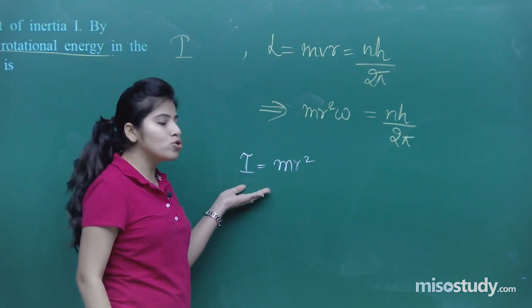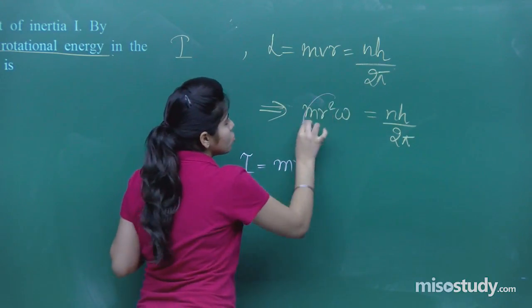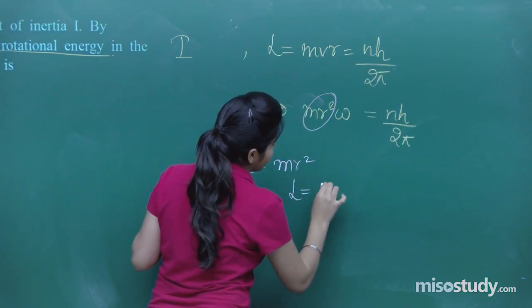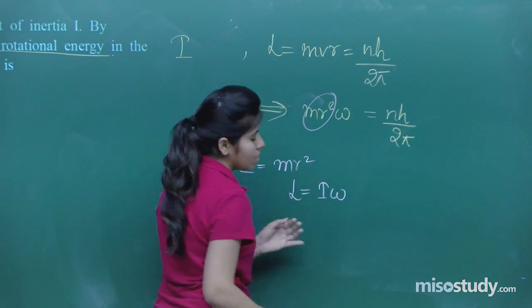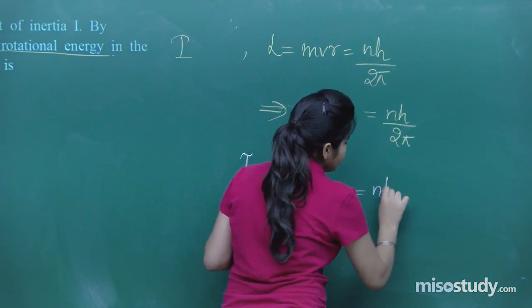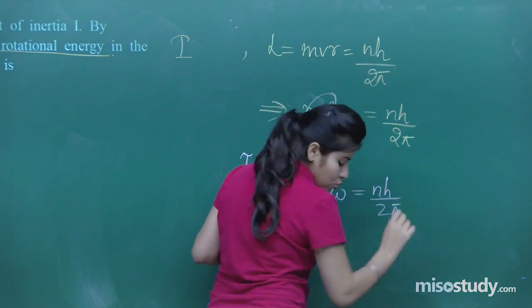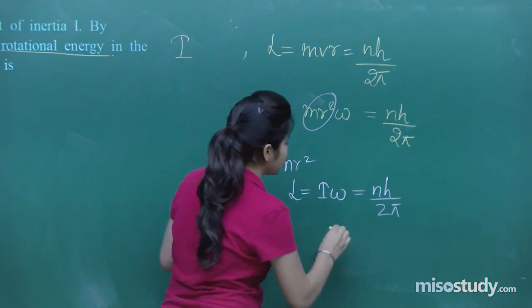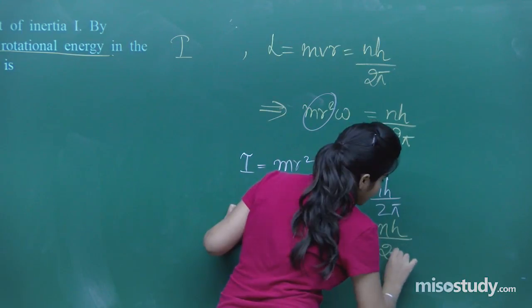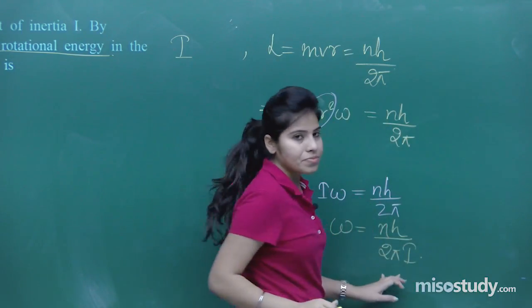So your I equals mR square, which we will use here. So your L will be equal to I omega, right. Now I omega equals nh upon 2 pi. So from here I can find the value of omega, that will be nh upon 2 pi into I.